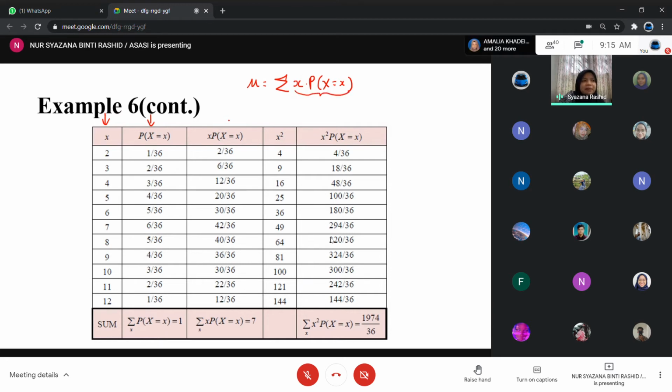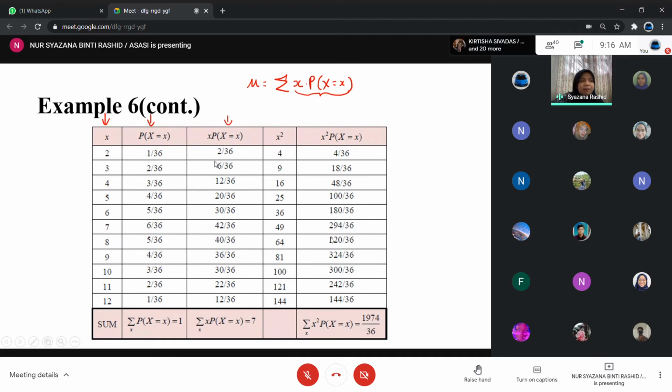So ni yang I tambah column tadi. Ataupun row. So what is XPX? XPX is a multiplication of first and second column. Or first or second row. So you darabkan. Okay, you darabkan 2 ni. So X darab P. So 2 times 1 over 36, you get 2 over 36. And then 3 times 2 over 36 is 6 over 36. And you should do for all. Buat semua ni. Okay, lengkapkan.